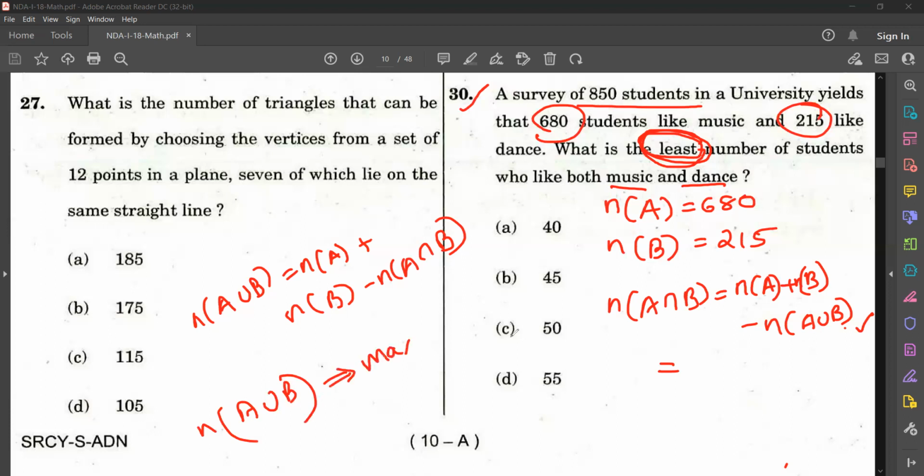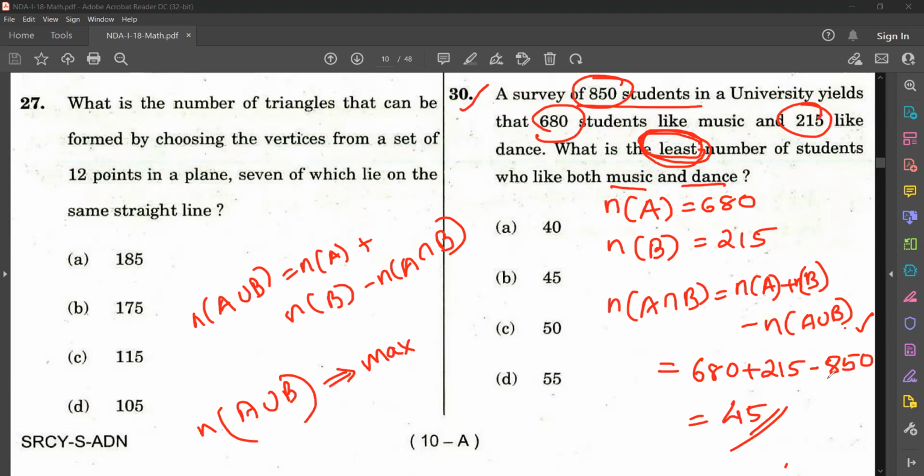Then only this N of A intersection B will be least. So what is the possible maximum number of N of A union B? That is 850. So just substitute here 680 plus 215 minus 850. So what you'll get? You'll get 45.